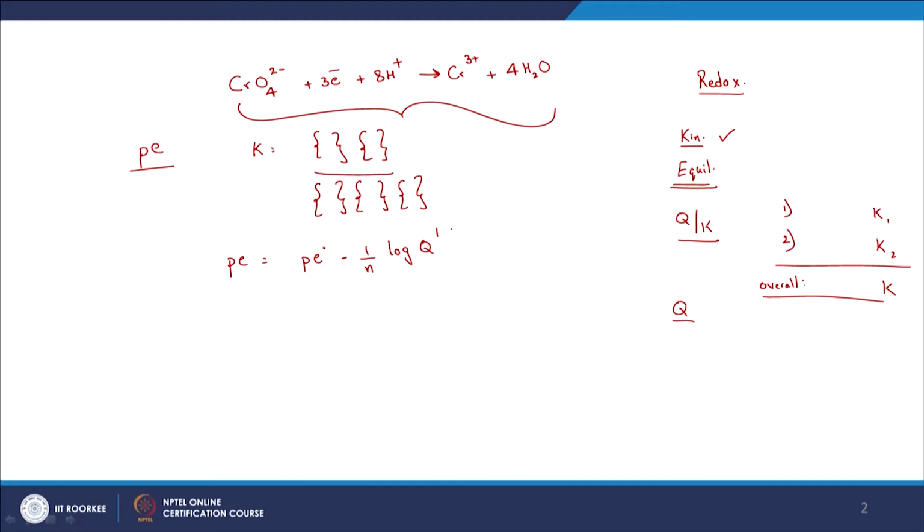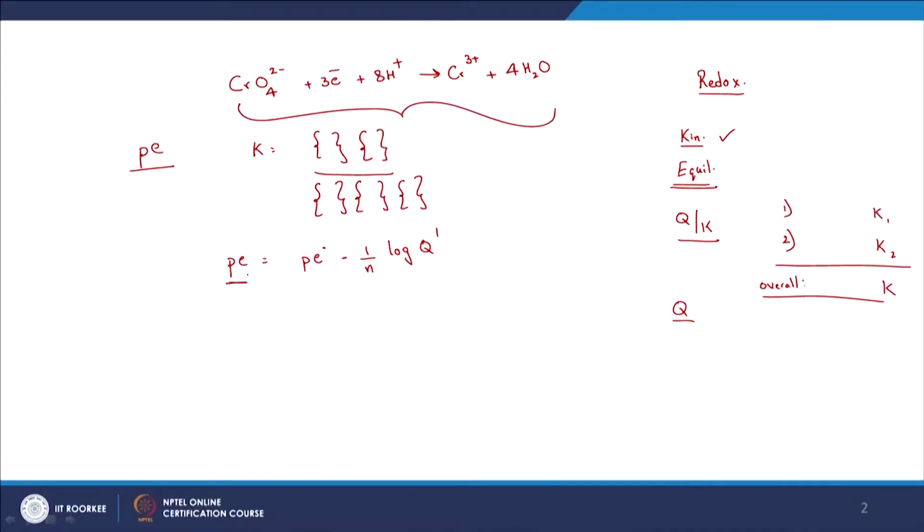Let us refresh what we need to understand with respect to each of these terms. PE is your reduction potential, which is what we are going to consider in determining our redox reaction's feasibility. And PE naught, if we look at how we derived it, was equal to 1 by n log K, so it gives you an idea about the system at equilibrium.